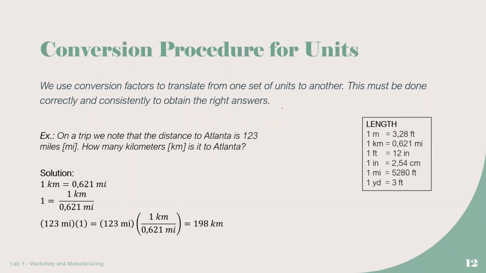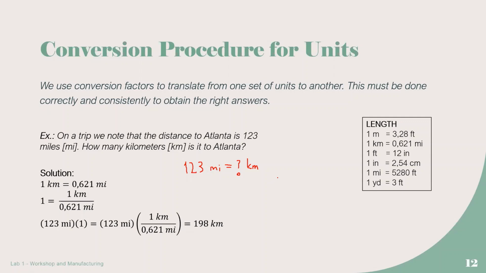Let's talk about the conversion example. In the example, what is asked is that I have 123 miles and I want to know how many kilometers it makes. Okay, the question is this.